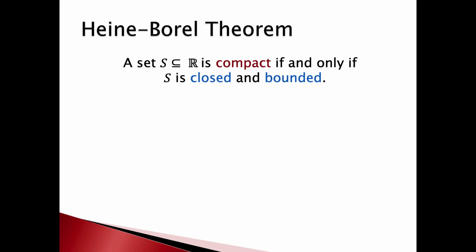For our purposes, we won't worry about any of that, and I won't say that ever again the rest of this class. But if you take further classes in analysis, then you'll run across a more complete version of the Heine-Borel theorem. But as long as we're talking about real numbers, and for us we always will be, it means that a set's compact if and only if it's closed and bounded.